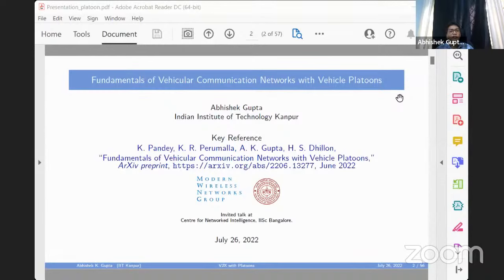We will have a result very soon, and that is where we would like to make it clearer why platooning is the way to go. Because of vehicle-to-vehicle communication, you will have less load on the base station, so that performance will increase, and vehicle-to-vehicle communication will also increase. So overall, the connectivity of vehicles will improve.